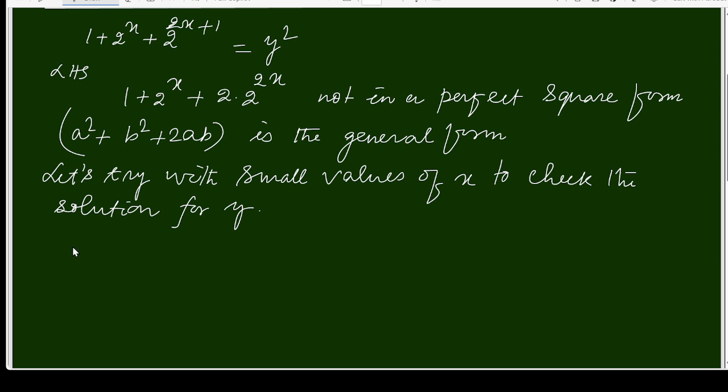So I'll start from x equals 0. Then I'll get 1 plus 2 power 0 plus 2 multiplied by 2 power 0, that is 1. So 1 plus 1 plus 2 equals 4. So 4 is a perfect square.